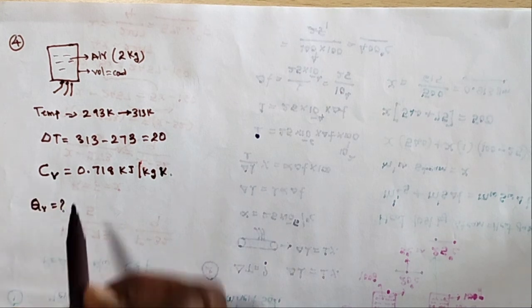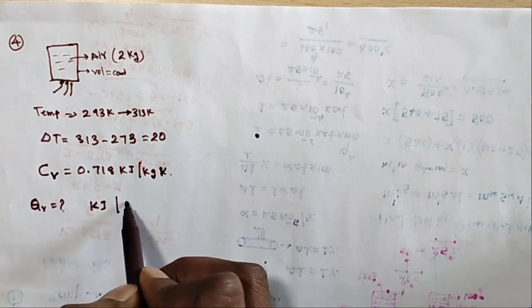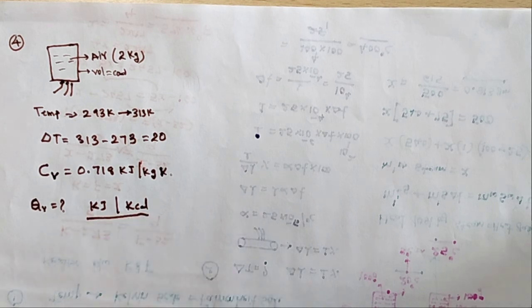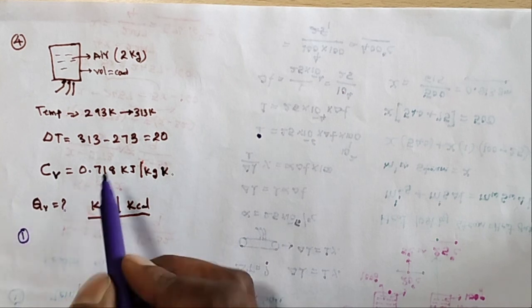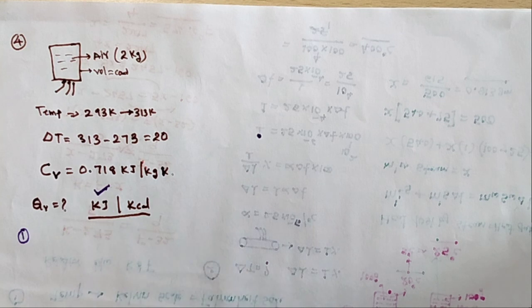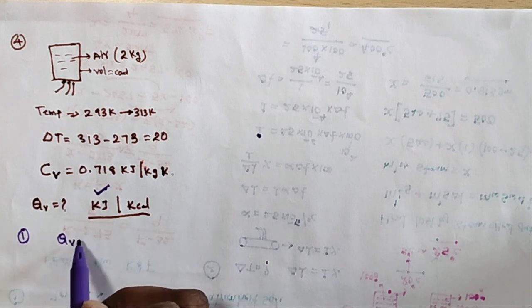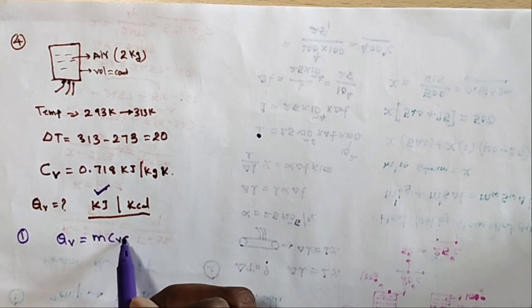That is the question: Q_V in terms of kilojoules and kilocalories. Two questions are given. So for this purpose, first I am taking the kilojoules. What is the Q_V formula? Q_V is equal to m C_V dT.